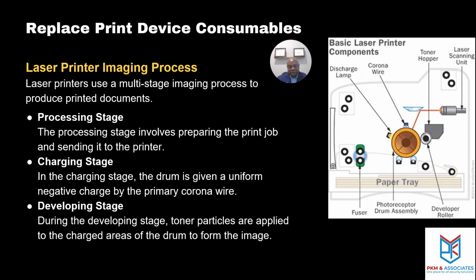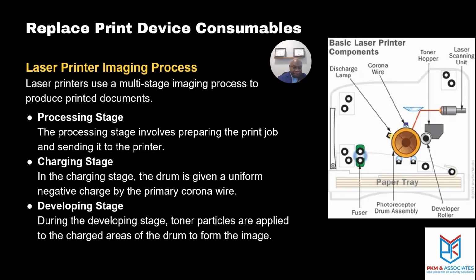Processing stage. The processing stage involves preparing the print job and sending it to the printer. In the charging stage, the drum is given a uniform negative charge by the primary corona wire. During the development stage, toner particles are applied to the charged areas of the drum to form the image.